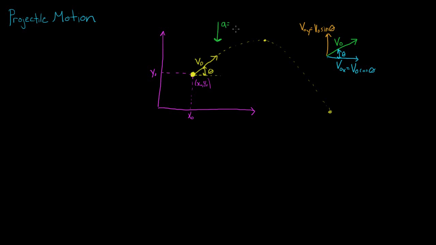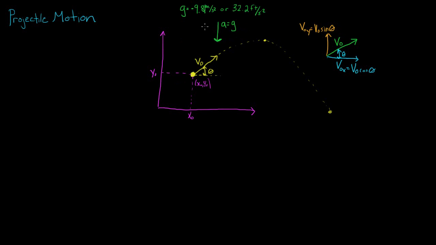So our acceleration is going in the negative direction. Typically, gravity is going to be minus 9.81 meters per second squared if we're using metric, or 32.2 feet per second squared if we're in English units.